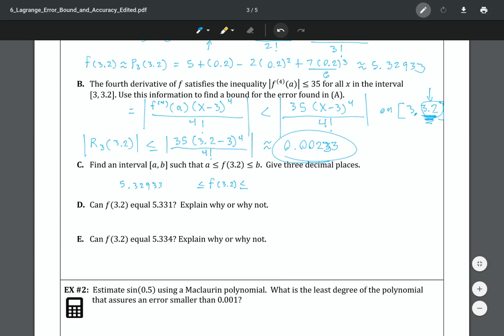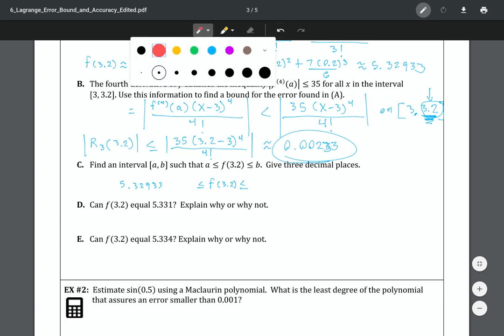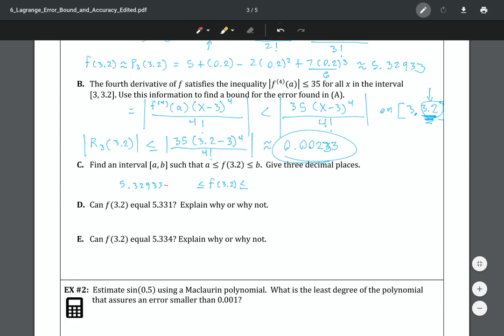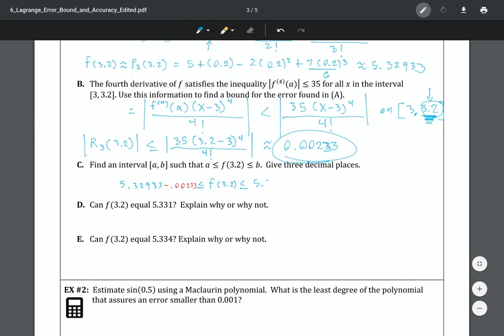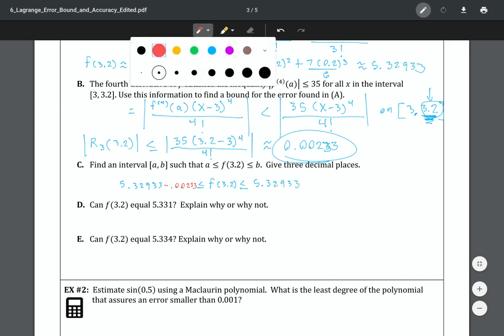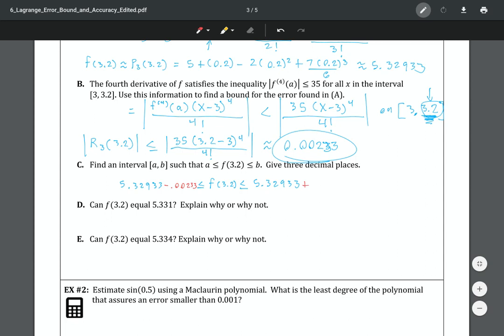So what I'm going to do here is subtract my error, 0.00233. And then on this side, I have basically the same thing, 5.32933, but on this one, I'm going to add the error to it. So basically, that's going to give us a boundary of how big and how small this can be and still be accurate.